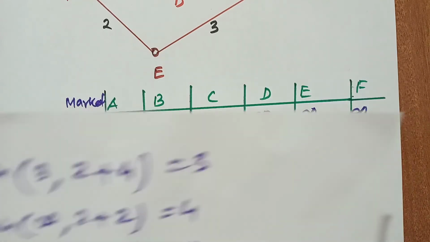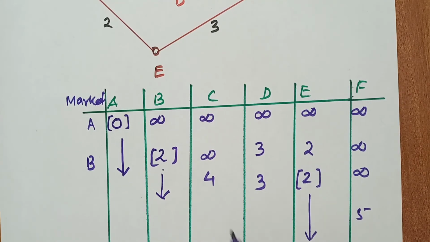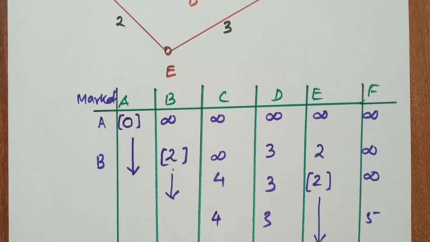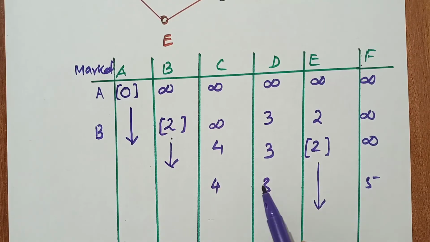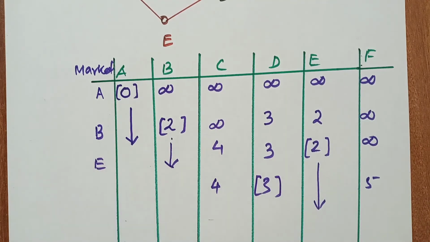So we will write 5 below F. And the remaining vertices we copy the same, 4 and 3. Now we see very carefully which value is minimum. So this is minimum. This is E, so we put E here. Now this is D, so we put D here. No need to touch this vertex.